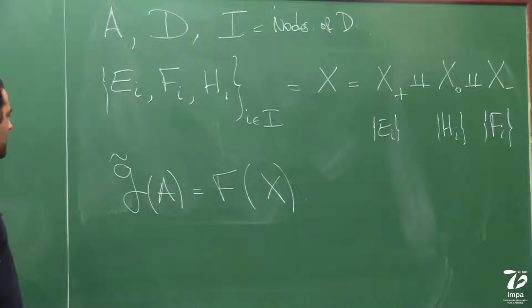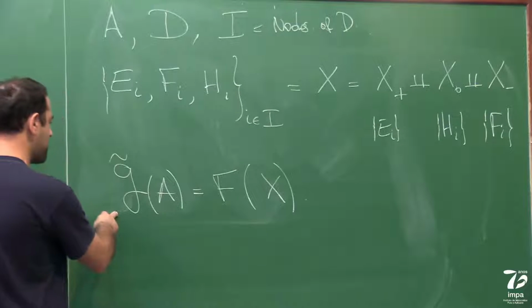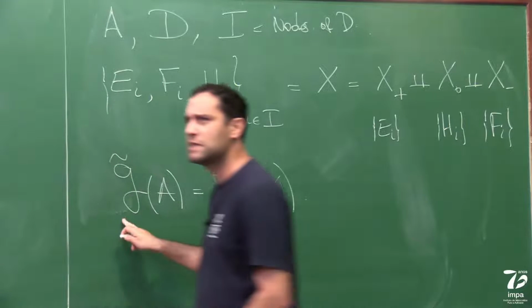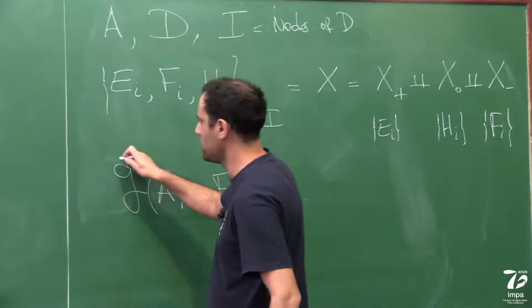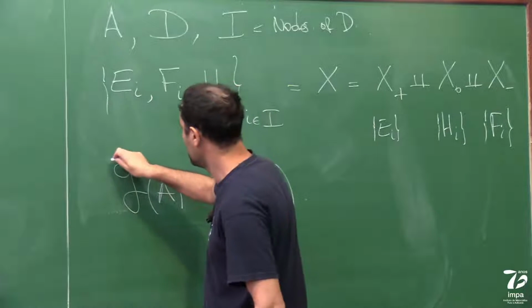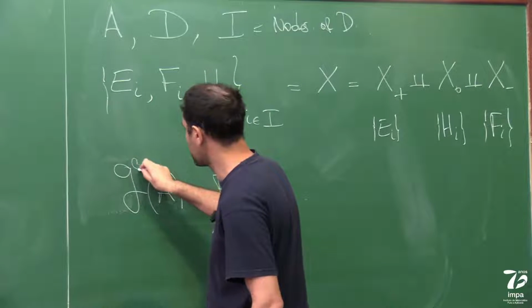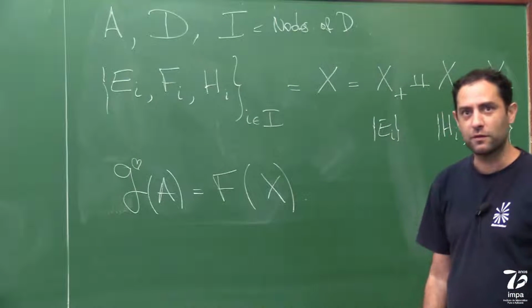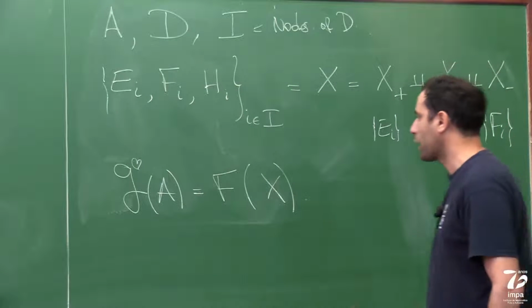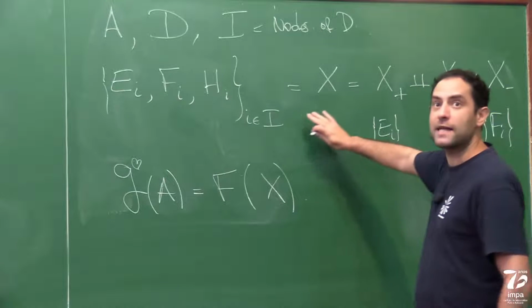I don't remember what names Jethro used in his notes, but I'm pretty convinced that it's not G tilde of A. So let me change this name and use something like G hard, just to use a name that I'm sure wasn't used in Jethro's. Okay, so this is the free Lie algebra generated by this set X.